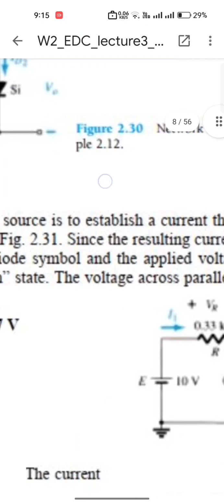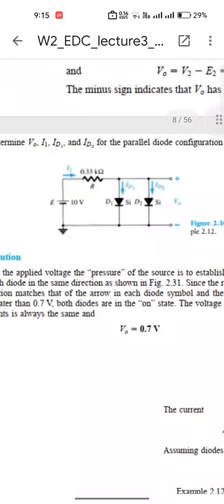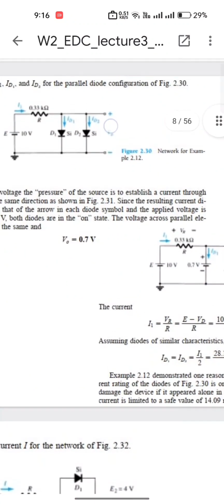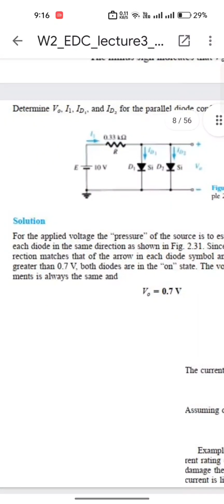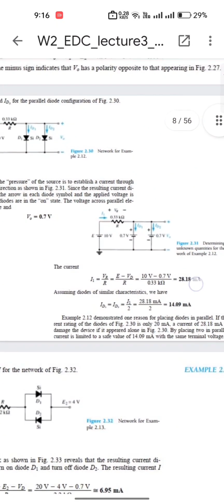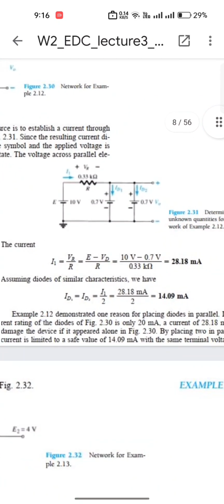As we have already calculated three required things, that is ID1, ID2 and I1, the only thing left is V0. As we know, V0 is parallel to these diodes and the voltage of the diode is 0.7, and the voltage in parallel is the same. So we have found V0 is 0.7, I1 was 28.18 milliampere, and ID1 and ID2 were both 14.09 milliampere respectively.